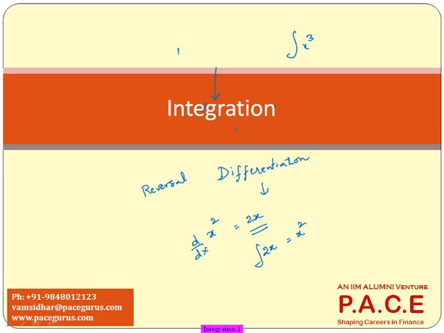If you are not comfortable with integration and the question is as simple as this, probably try to find the derivative of your answers, and whichever answer's derivative gives a value of x power 3 or x cube will be your answer. So that's one more way you can use differentiation to do the integration.